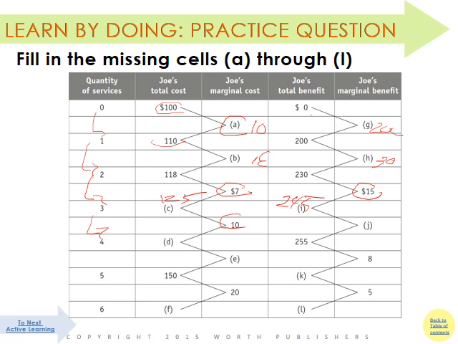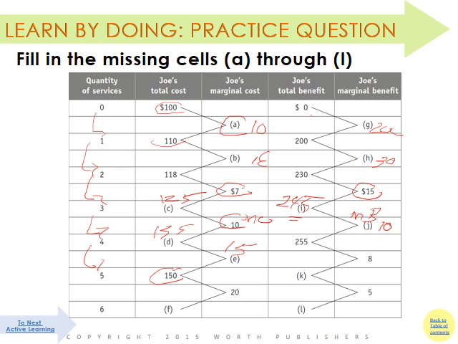Marginal benefit is 10. So at this point, at the fourth unit of output, the marginal cost just equals the marginal benefit. Okay, then when we look at the fifth unit of output, this would be 135. Marginal cost is 150 minus 135, which is equal to 15.